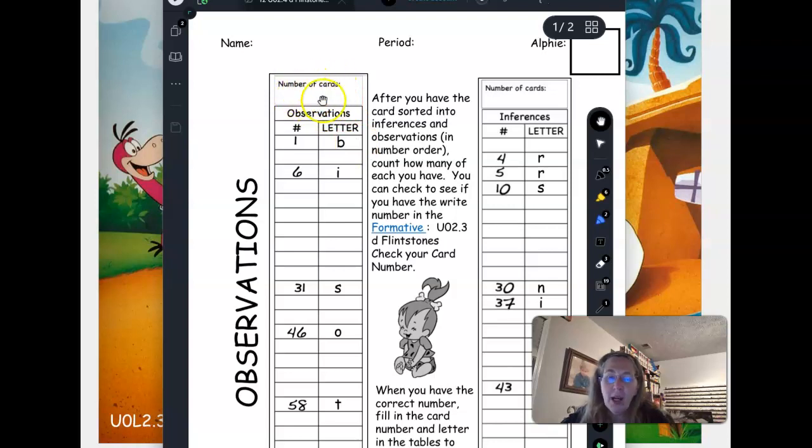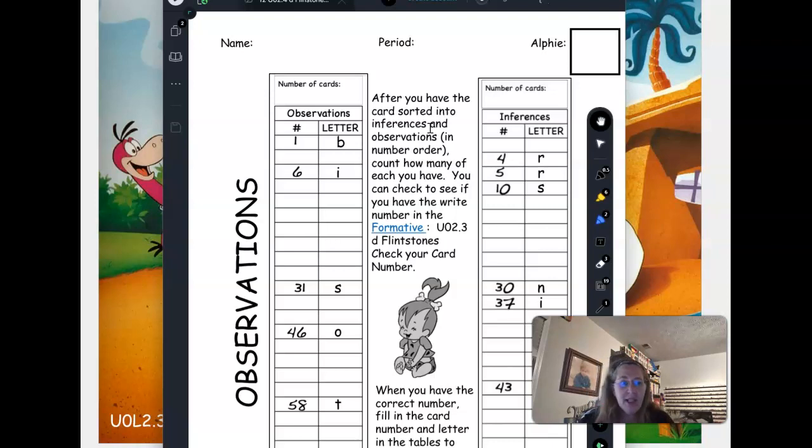Then you can go to the formative and check the number of cards you have. If you got it wrong, go back to your table and talk to the people next to you, and see if any of them are kind of in the middle. There's a couple of them that always give me a little trouble. Keep doing that until you get the right number of cards.